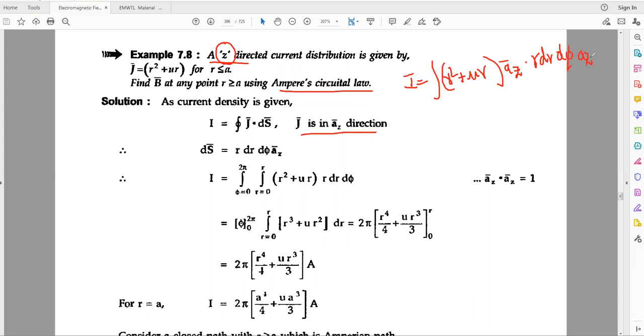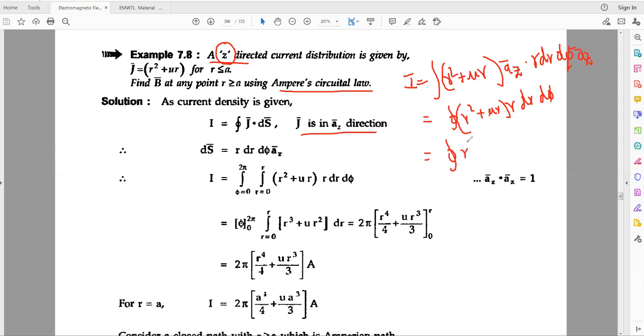So again, a_z bar dot a_z bar is 1. The integral of r squared plus mu r, times r dr d phi, with a_z bar dot a_z bar equal to 1. This splits into an r integral and a phi integral.